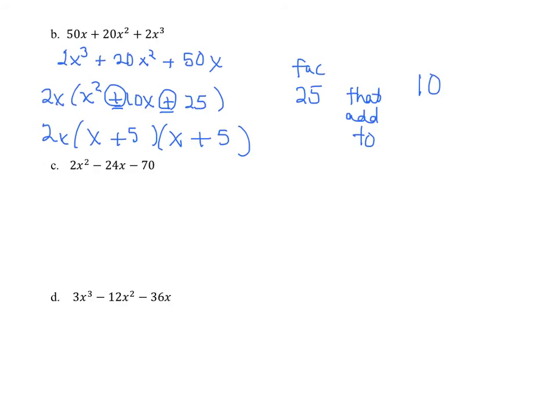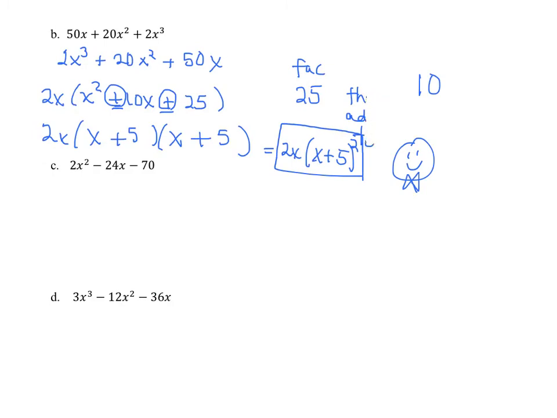Now you can actually write your answer to this as 2x times x plus 5 quantity squared if you want to. That's, again, here's my symbol, sophisticated. Cool. So let me get this a little bit clearer here. So factors of 25 that add to 10. There we go. And then this would be my final answer, but you can write either one.